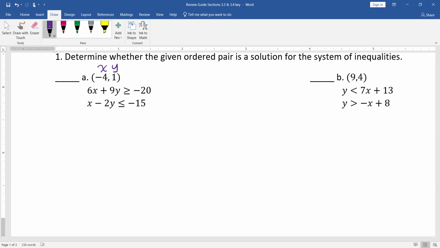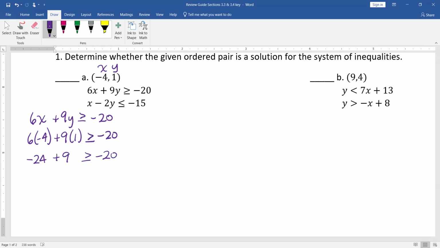Okay, so start off with the first one. I have 6x plus 9y is greater than or equal to -20. So I'm going to plug in the -4 for the x, 1 for the y. Okay, 6 times -4 is -24 plus 9 gives me -15.